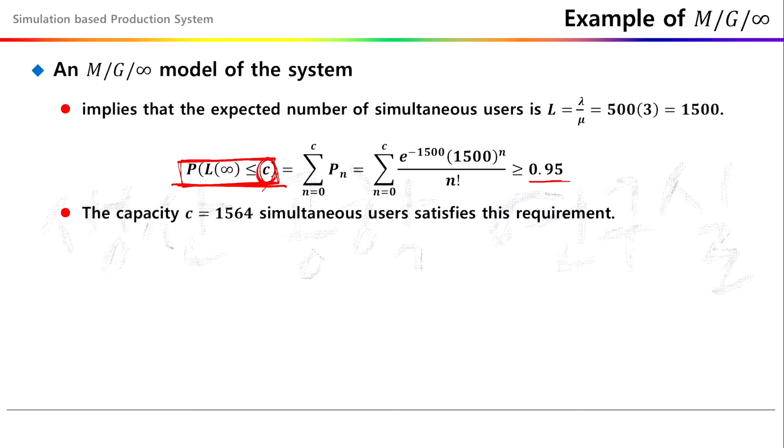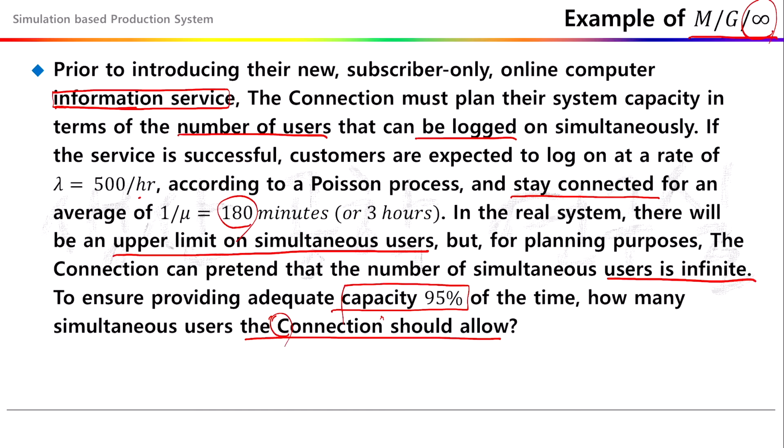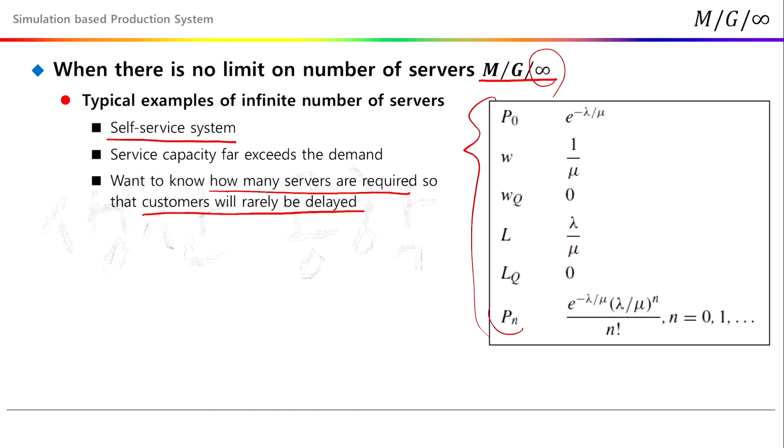where is it? This is the number of customers. So by use of this, this is the probability of n, and this is 0.95, and we need 3 parameters here.